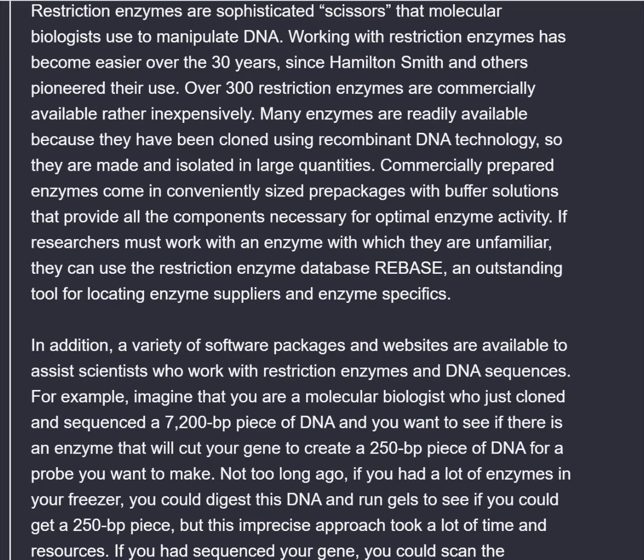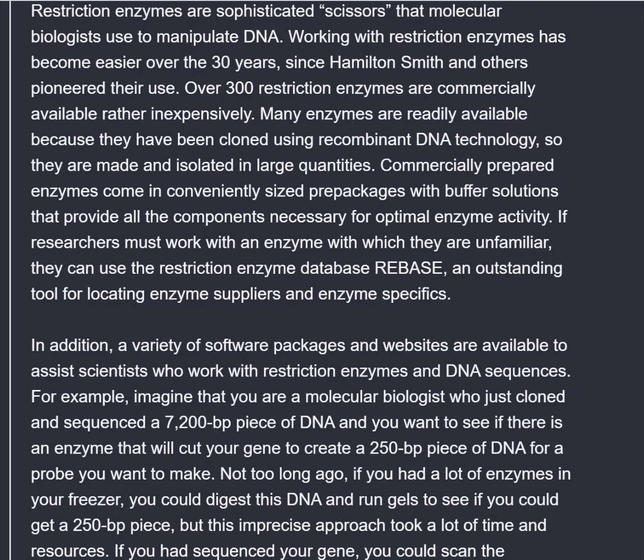Working with restriction enzymes has become easier over the 30 years since Hamilton Smith and others pioneered their use. Over 300 restriction enzymes are commercially available rather inexpensively. Many enzymes are readily available because they have been cloned using recombinant DNA technology, so they are made and isolated in large quantities.